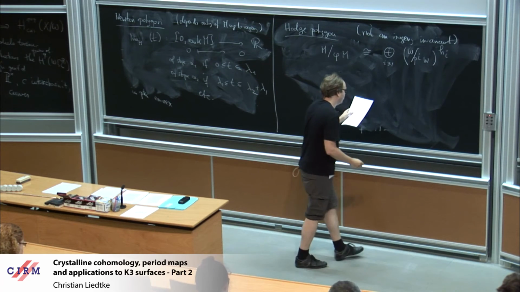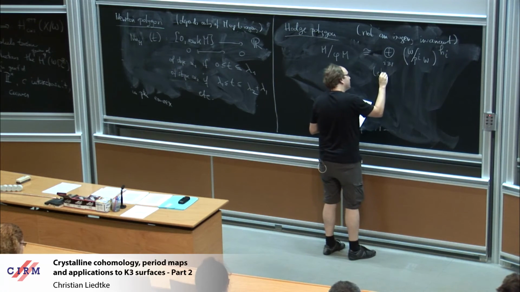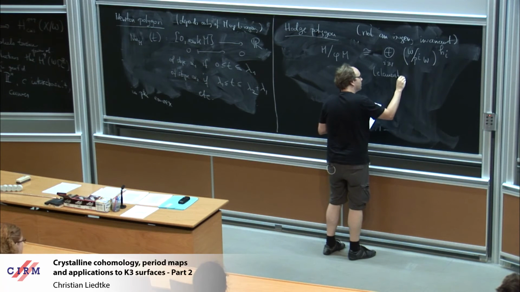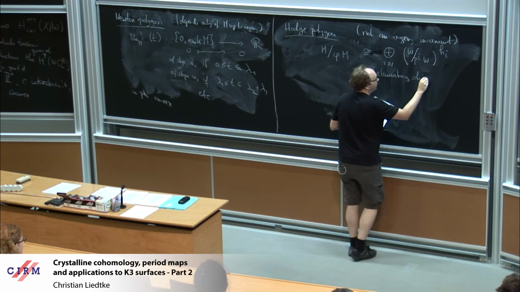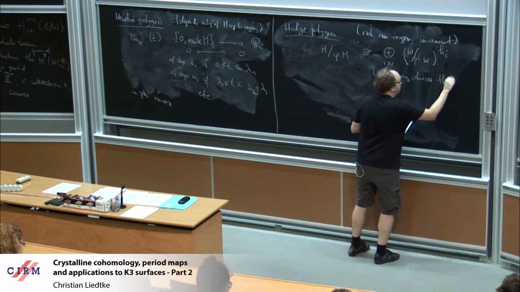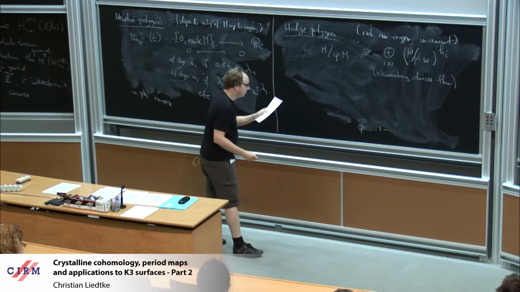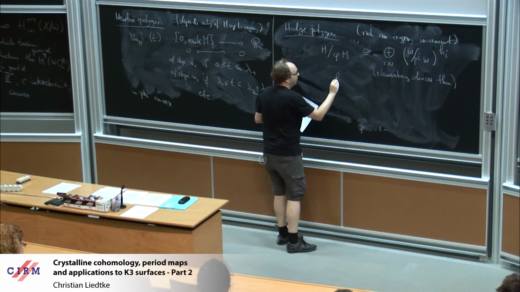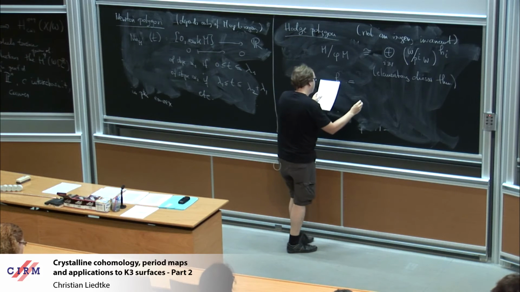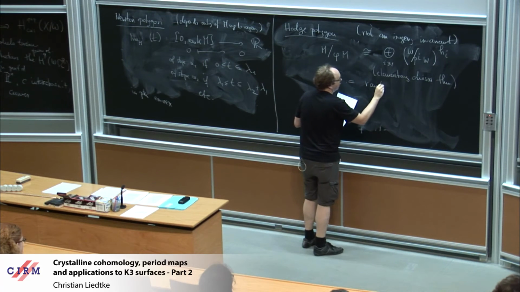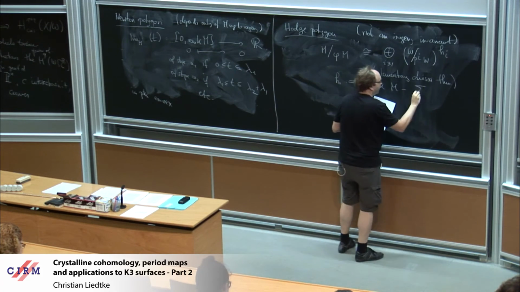So this is some sort of elementary divisors theorem, because W is a DVR, and you define h_0 by definition to be the rank of M minus the sum.